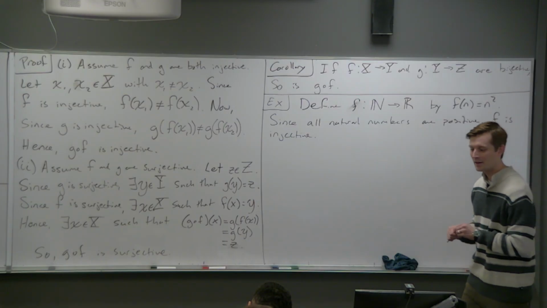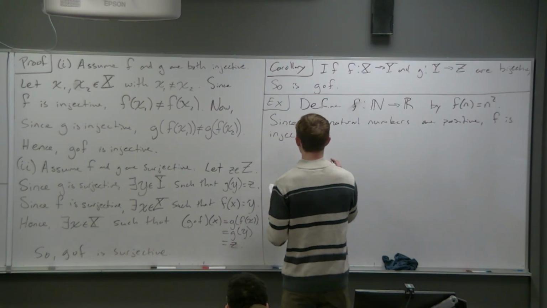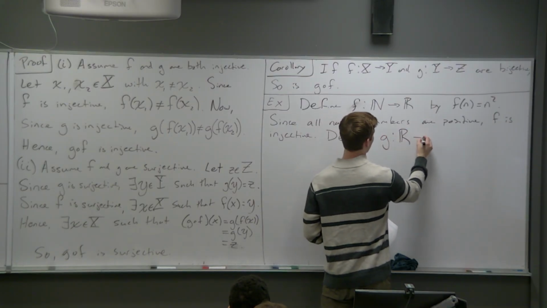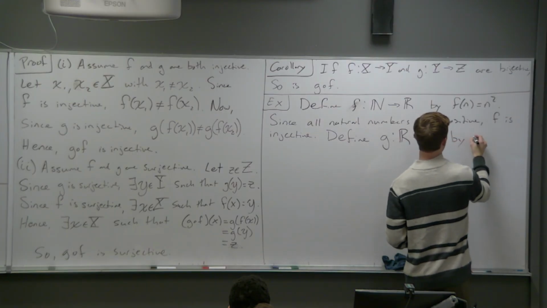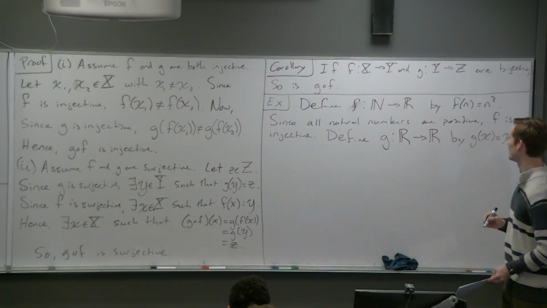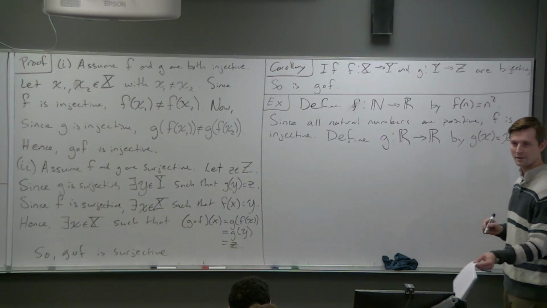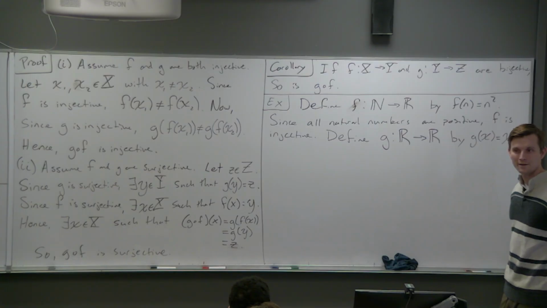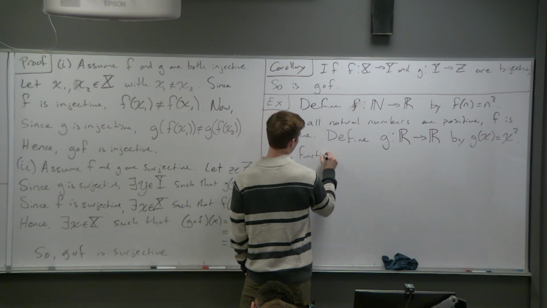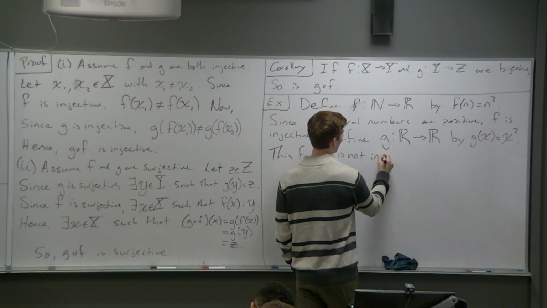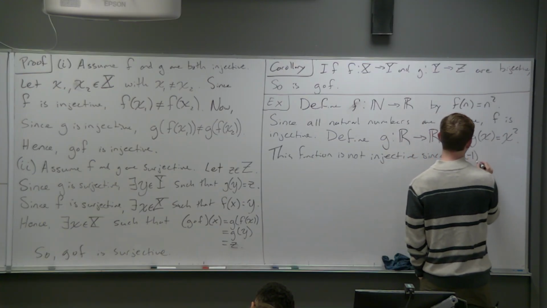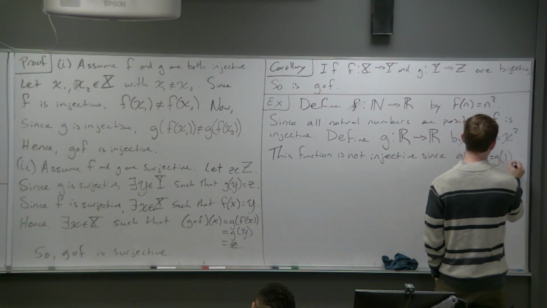All right. Now, consider the function g from R to R by g of x is equal to x squared. It seems like the same function. Is this function injective? Yes, you're right. This function is not injective since g of minus 1, well, that's 1, and that's the same as g of 1.